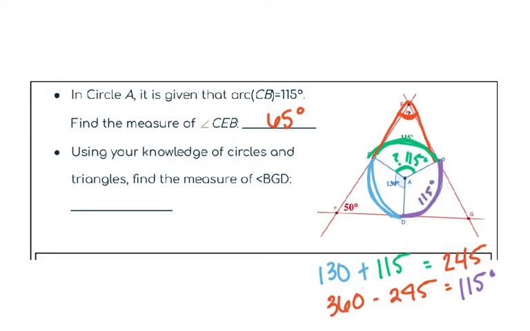And again, in relationship to the central angle, that's also what the central angle is. So what does that mean? That angle BGD, what does that mean that circumscribed angle is going to be? Well, what is supplementary to 115 degrees? Okay, so that's going to be 65 also.